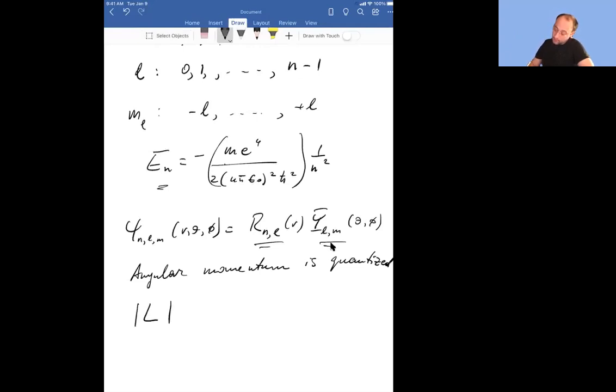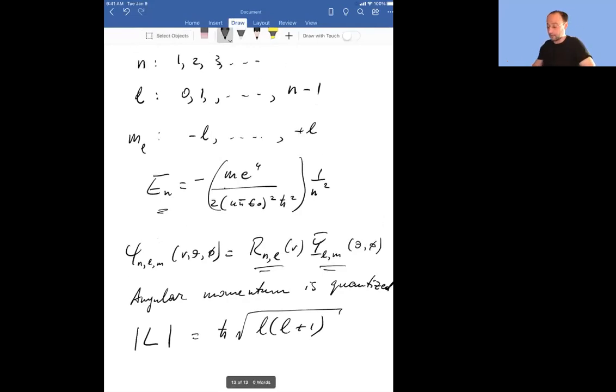But first of all, angular momentum is quantized in the following way. First, the magnitude of angular momentum is quantized, and the values that it can take on is given by the following formula. It's not the same as Bohr's idea that it's n times h bar.